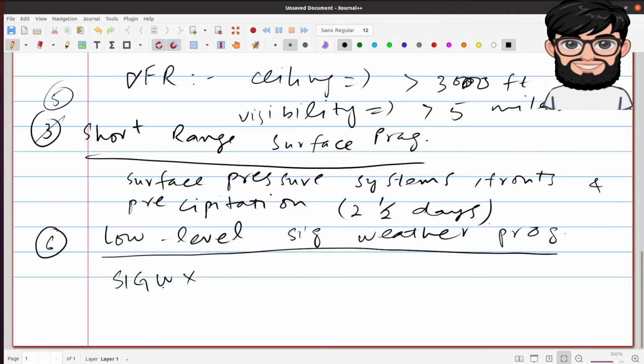So we use these charts to do the pre-flight briefings, and they cover the hazards, as a guidance product for all of your planning.